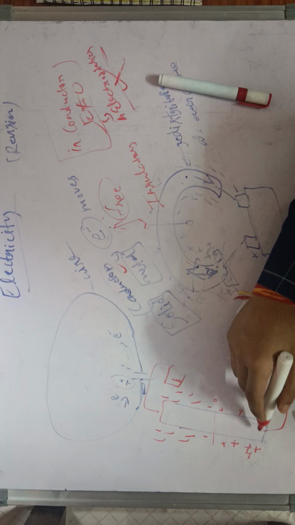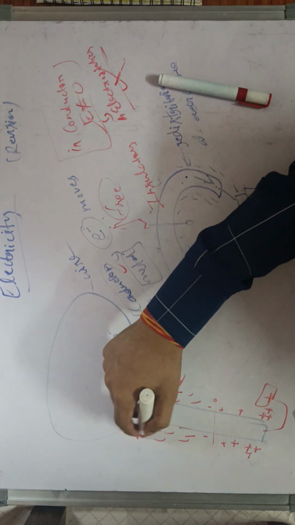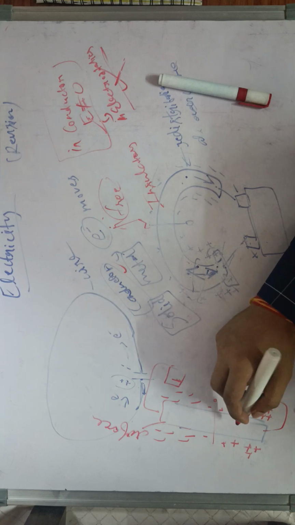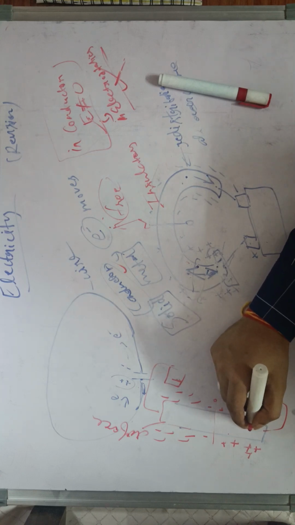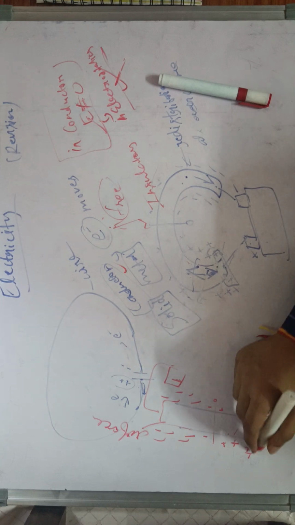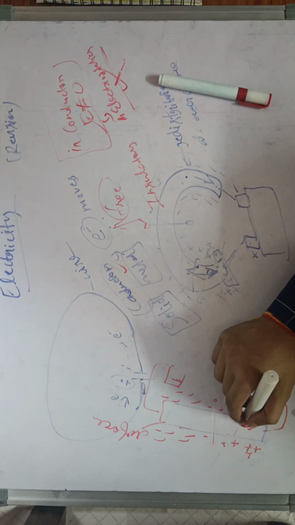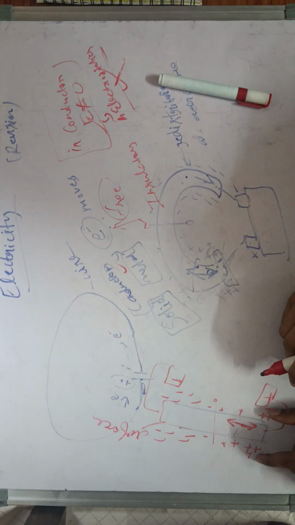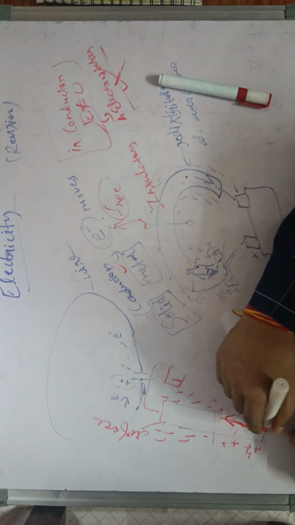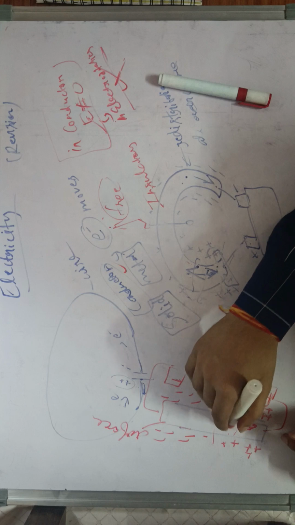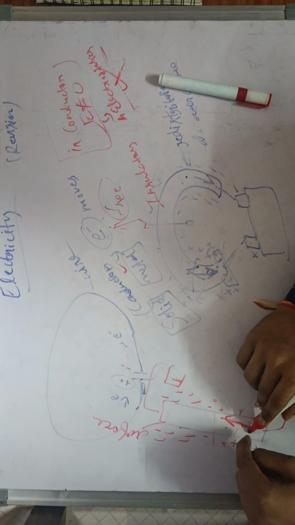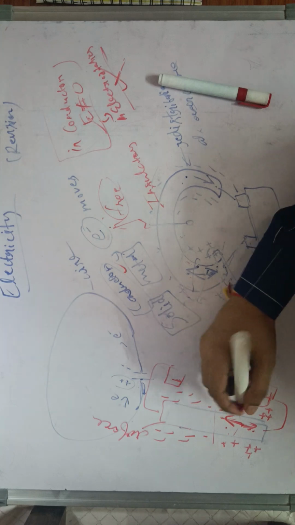These charges are accumulated at the surface of the conductor. This charge distribution will cause some field at this point in this direction, and since this is larger in magnitude, the net electric field will be in this direction.